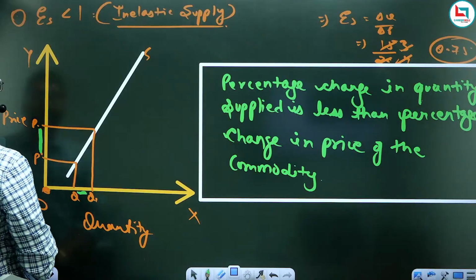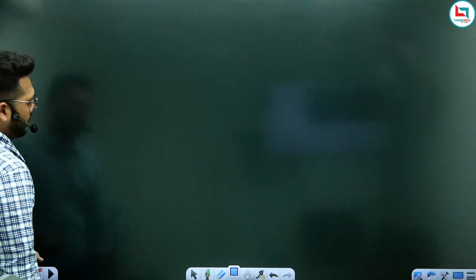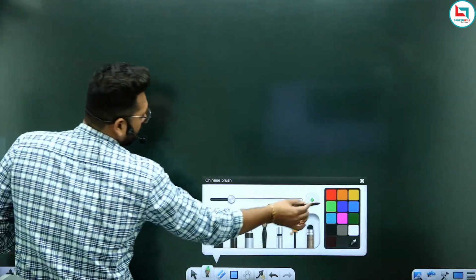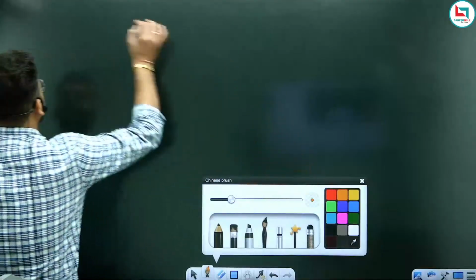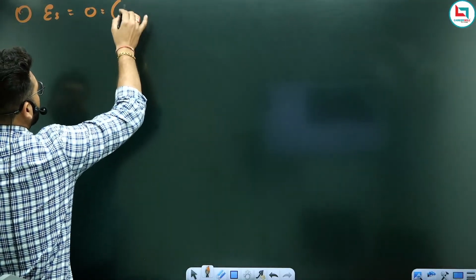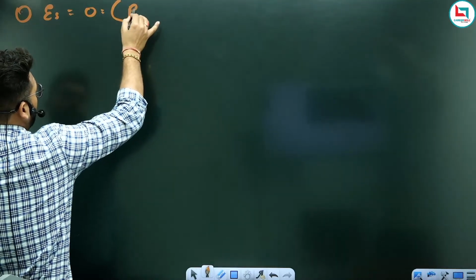Okay, now the next one is, when ES is equal to 0. When ES equals 0, what is it called?